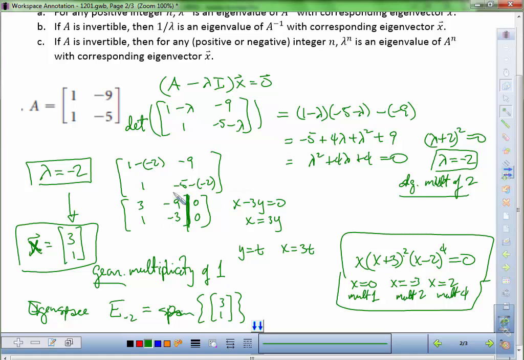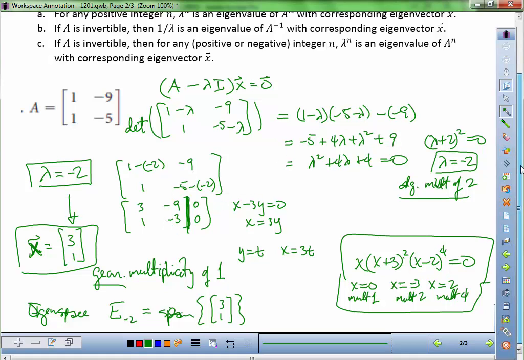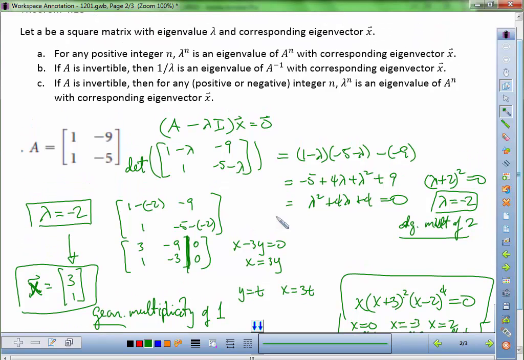Now, the whole point in doing this is for us to see if we can use this example to verify this theorem that says if we take this matrix A and raise it to the second or third power, then our eigenvalue would be negative 2 raised to whatever power it is.